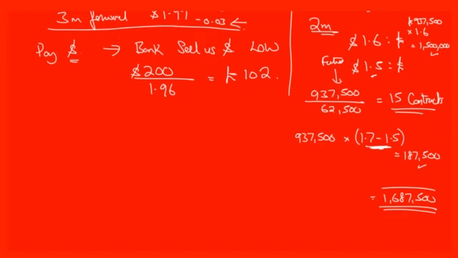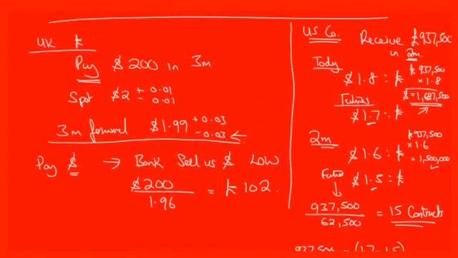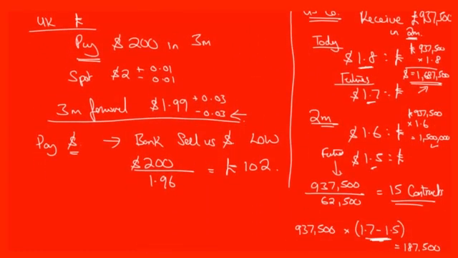Now, it's a perfect hedge because we made exactly the same amount, and that's because the spot rate movement, if you notice, I did it on purpose, went from 1.8 to 1.6.